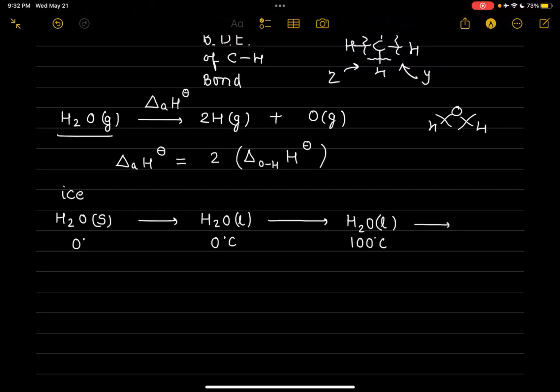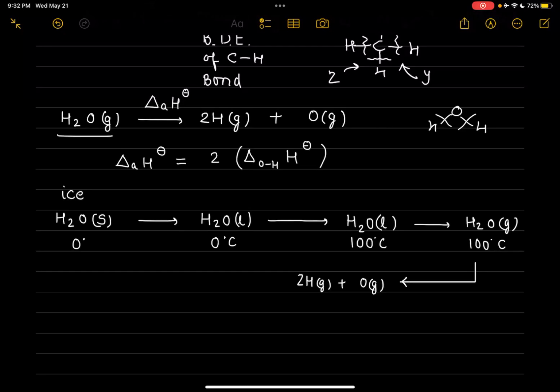Then you need to boil it. Water will change to gaseous form at 100 degree, steam will form. Then you are going to change it into hydrogen atoms and oxygen atoms.